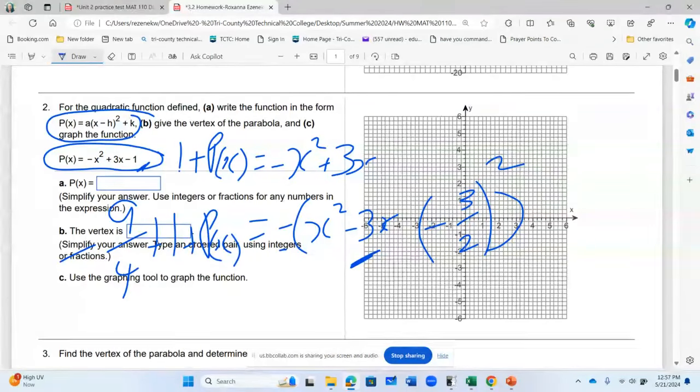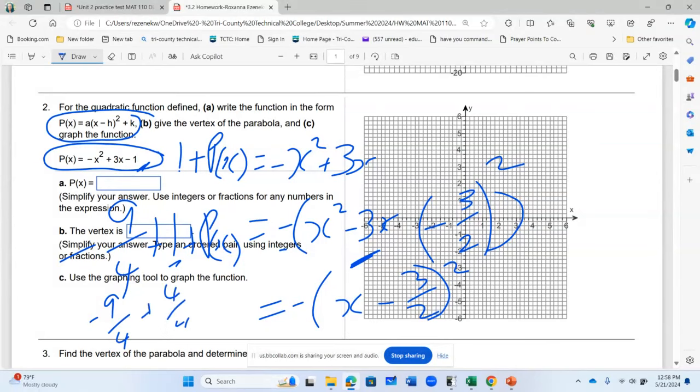And then the next one I want to do is open the parentheses. I have x, take one of this here and take one of that, 3/2, and that is squared outside. Simplify what is on the left-hand side. So 9/4 plus 1 is the same as 9/4 plus 4/4. That means I now have 5/4 remaining on the left-hand side, and it's negative.